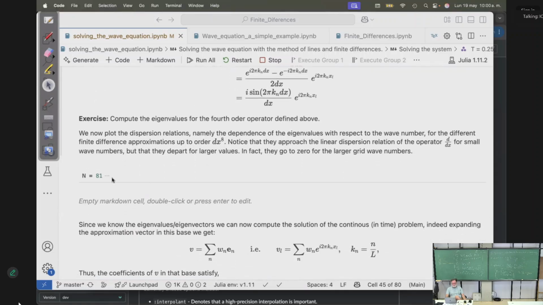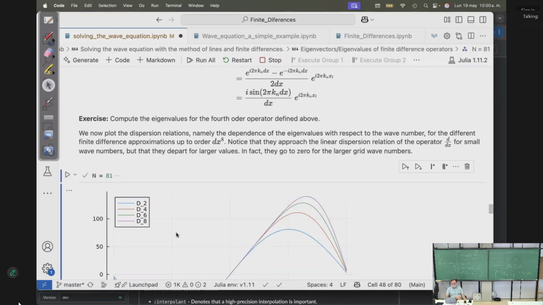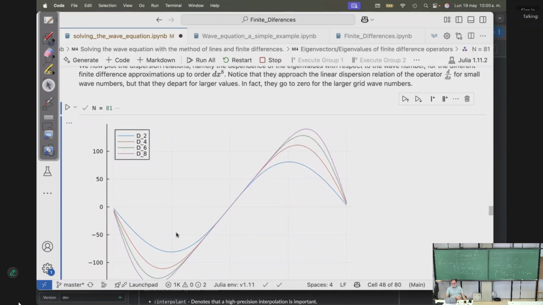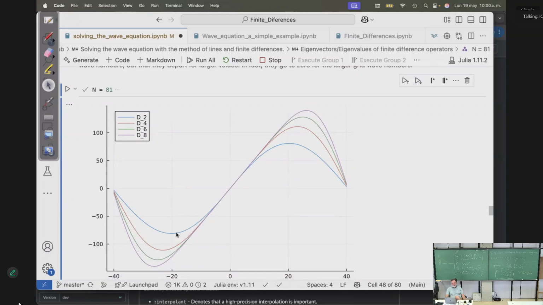And here we computed the eigenvalues for the center difference operator. This is D2 and this is D4, the 6th and the 8th. All are purely imaginary.